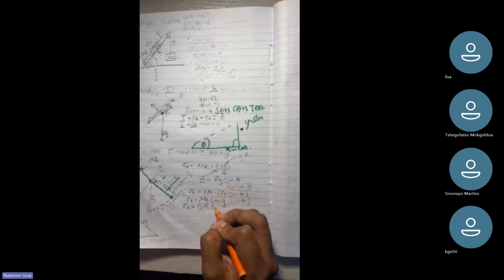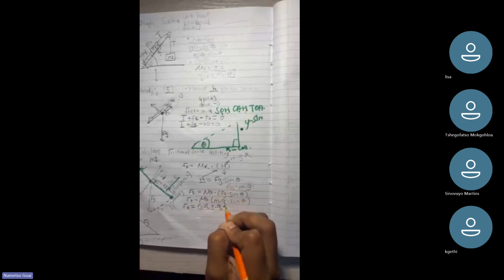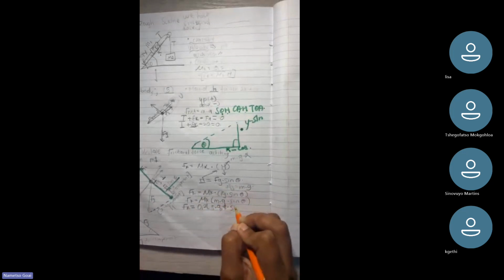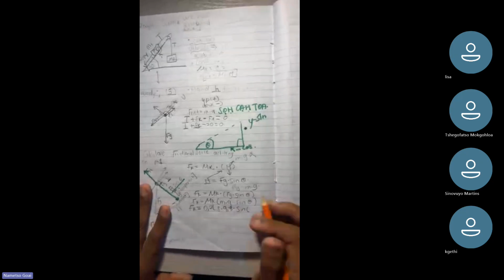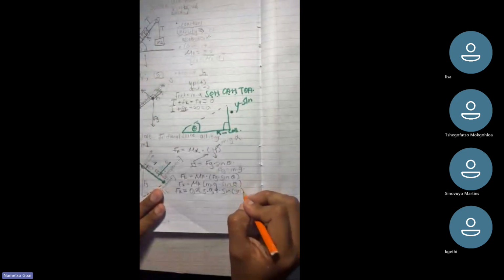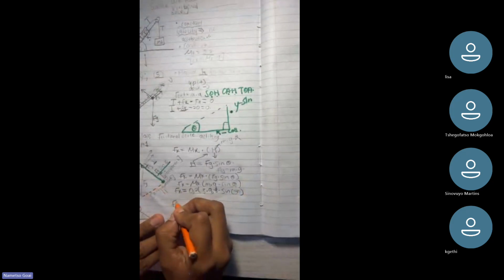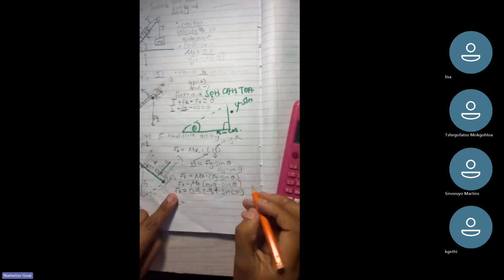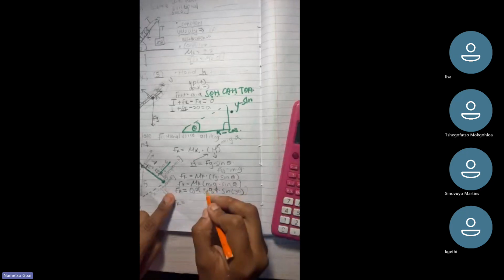The mass, it's 8 multiplied by 9.8 multiplied by sine. You only have one theta in this question, so this theta will be that theta, which is this angle over here. So 30 degrees. So our Fk will be equal to, then you just put this whole thing into your calculator.